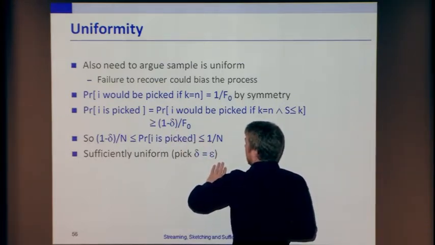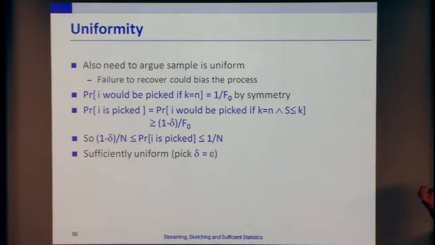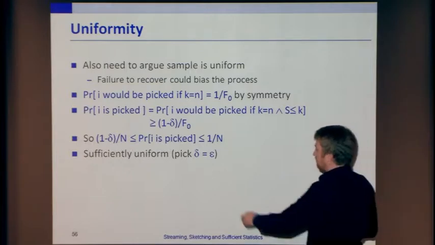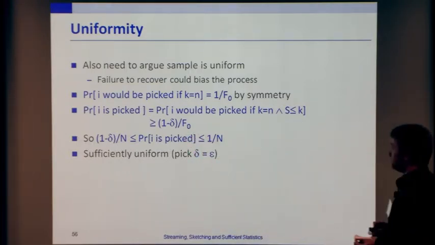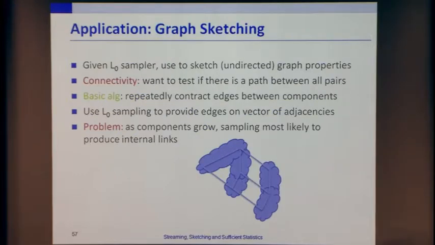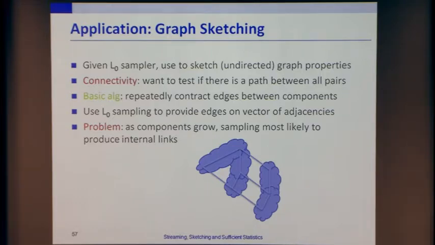It says if we want to give that one plus or minus epsilon probability of uniformity, we just have to pick delta around epsilon, and we're all good. Okay. What that argument says is that we can construct this kind of L0 sampling process.